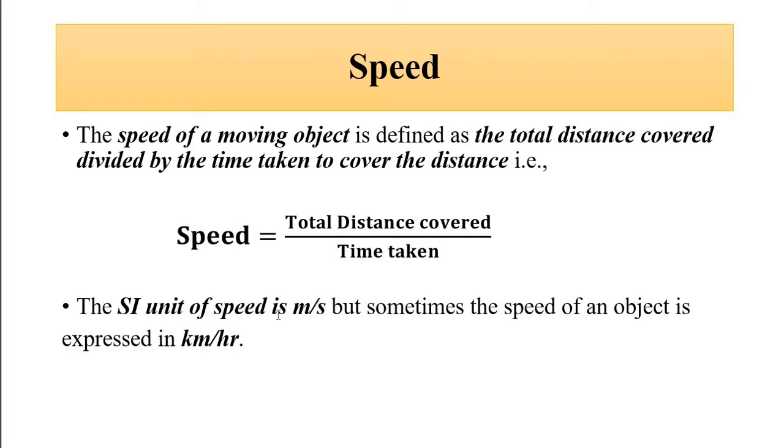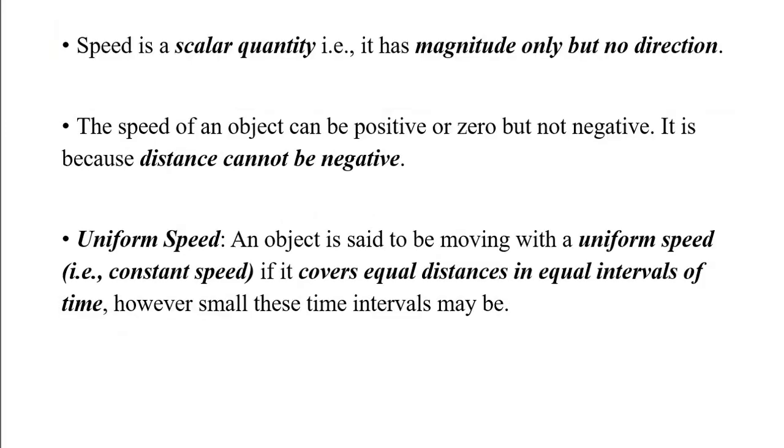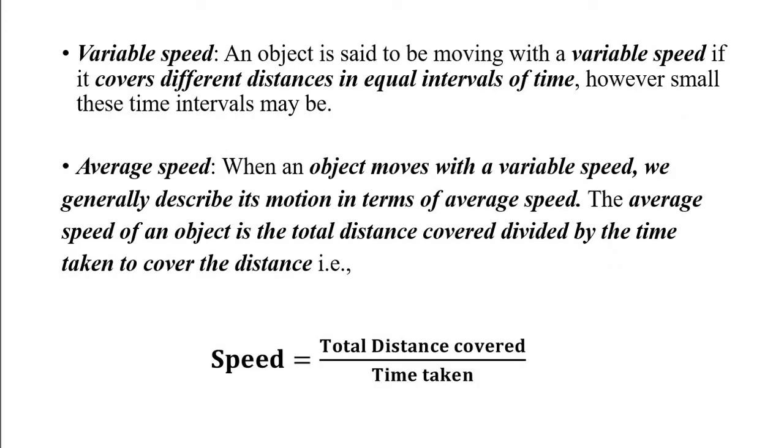The SI unit of speed is meter per second, but sometimes for convenience it is expressed in kilometers per hour. Then the concept of uniform speed, variable speed and average speed.